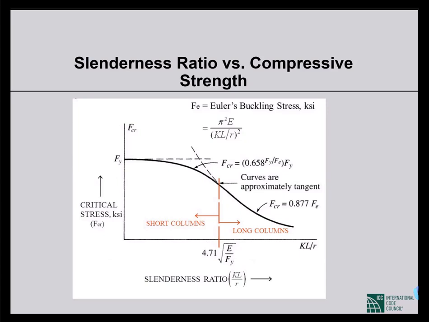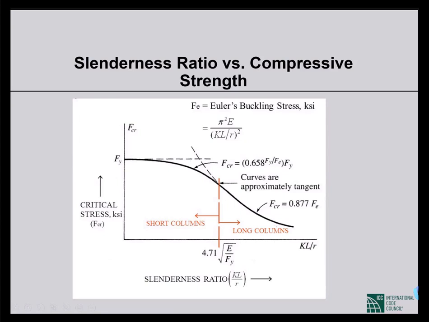So due to compression, if the slenderness ratio is high, then we'll find buckling first. Then the capacity will be governed by buckling. Depending on the KL by r ratio, the longer the member, the less stress it can endure before buckling.